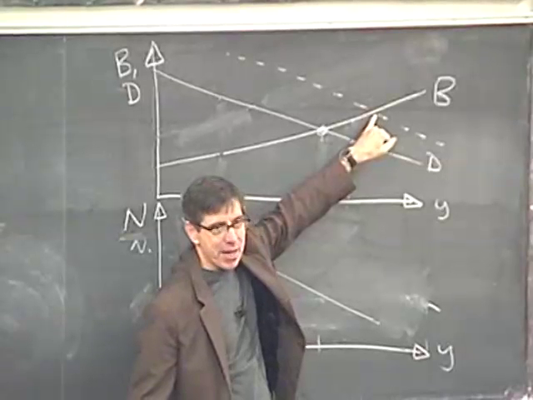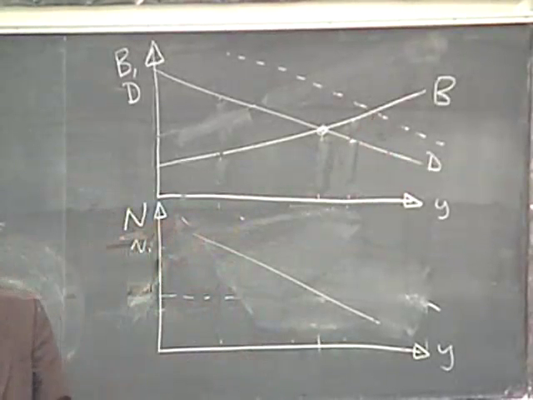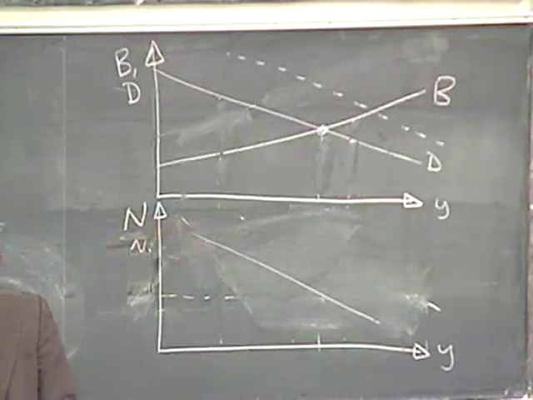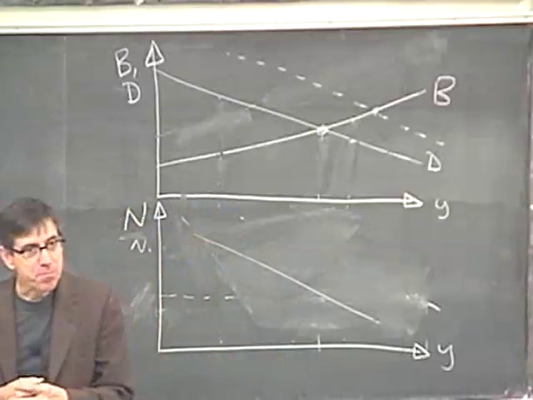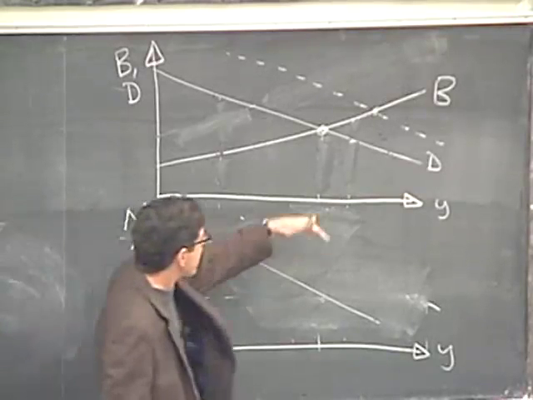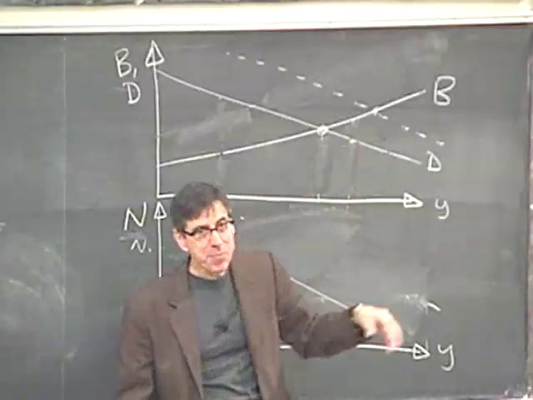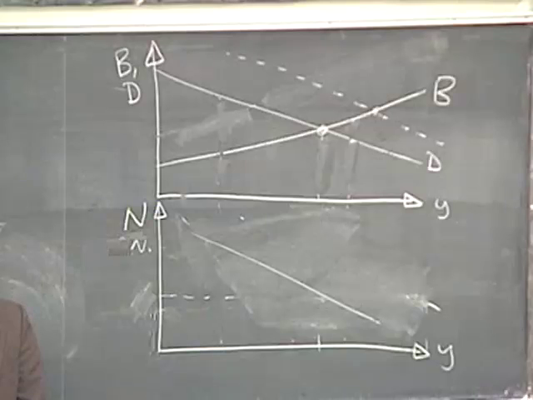What actually happens now is that living standards increase in the society. Because now you're going to move to a point again where births equal deaths. But it's going to be at a point now where living standards are higher, right? Because now, because of this higher death rate, you need to give people higher incomes in order that they can produce the children that will now balance that higher death rate, okay?